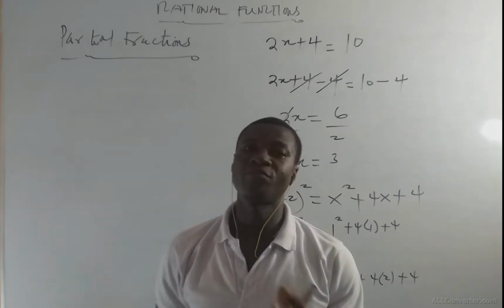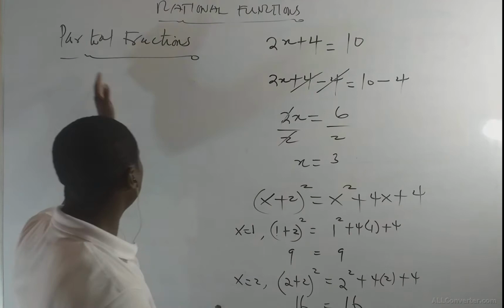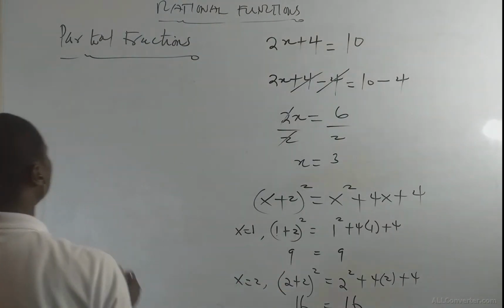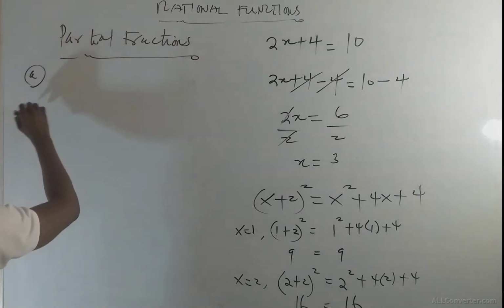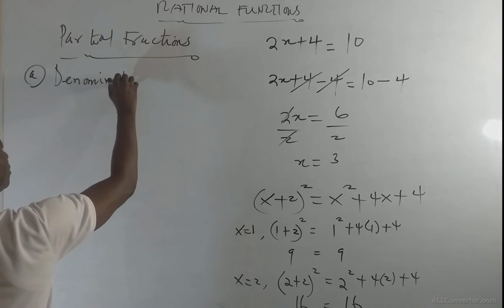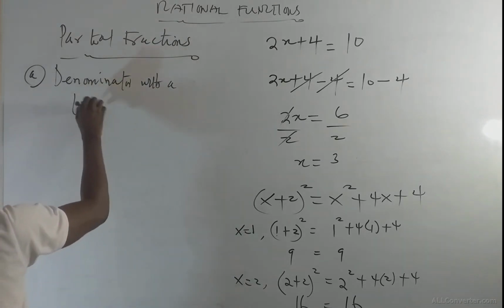Then we have the improper fraction. These are the 4 types we are going to look at as far as partial fractions in rational functions is concerned. So we will look at the first type. And the first type is denominator with a linear factor.